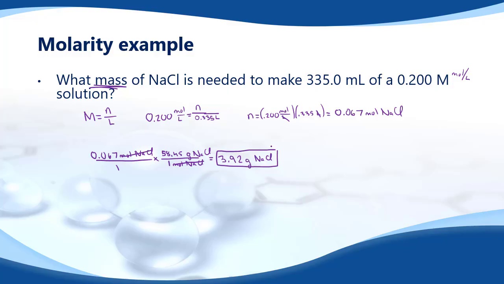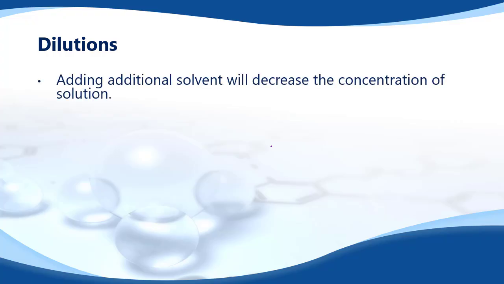The other type of calculation that we're going to need to be able to do is what's called a dilution calculation. In a dilution calculation, what you're doing is you are adding or removing water to change the concentration. If we add more solvent, the concentration goes down.